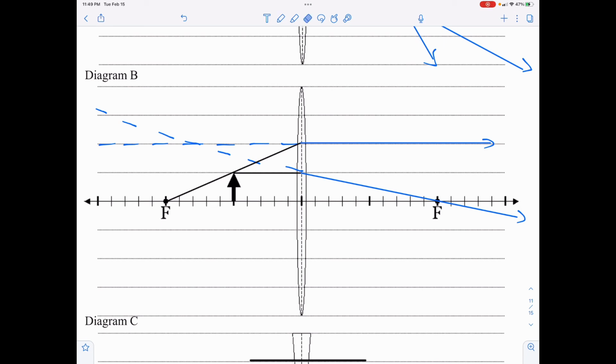I think I can probably make this a little neater. Yeah, so it's going to end up kind of over here.